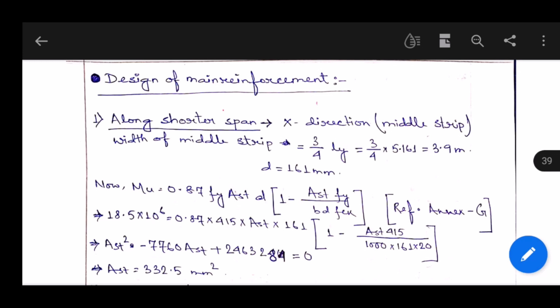So in this equation, our known values are Mu, the moment, and fy, the grade of steel, the yield strength of steel.